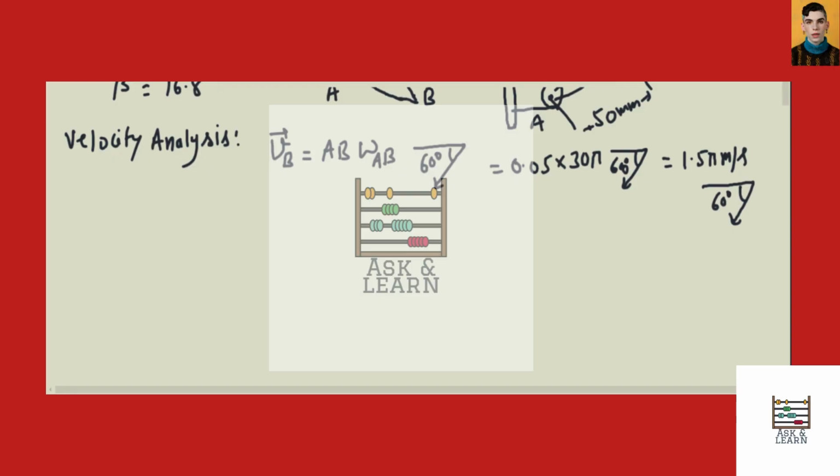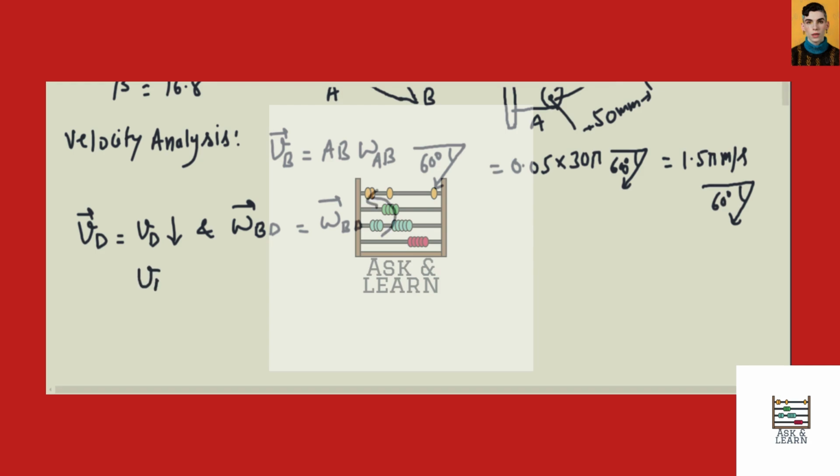Now velocity of D point is in downward direction, and angular velocity of BD is in anti-clockwise sense.